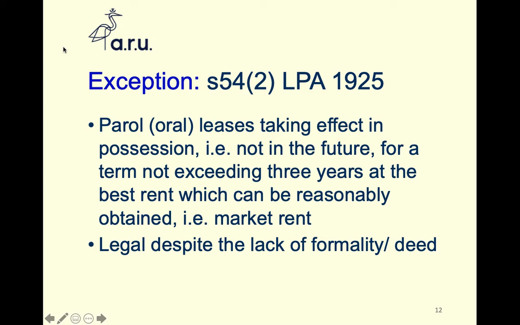The next person down being the tenant, who has a tenancy effective legally by deed, or if it's under 3 years, it doesn't need the deed, but it's still a legal lease.